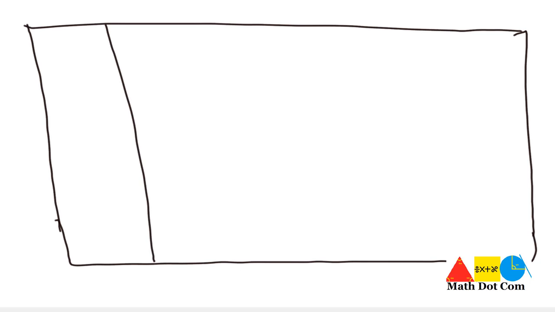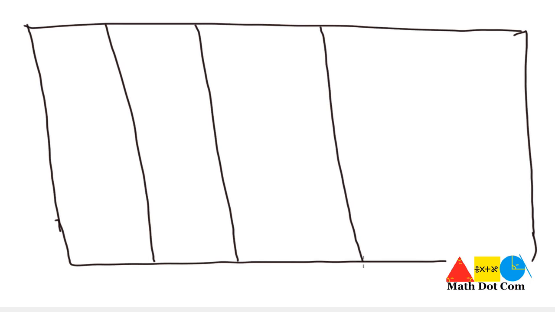Here we will have x, here we will have y, here we will do the operation, and here the sign. We will have x, y, the operation, that is addition or subtraction, and the sign.